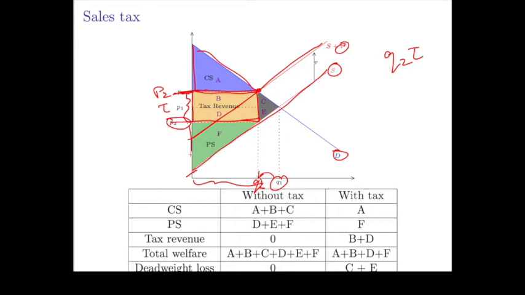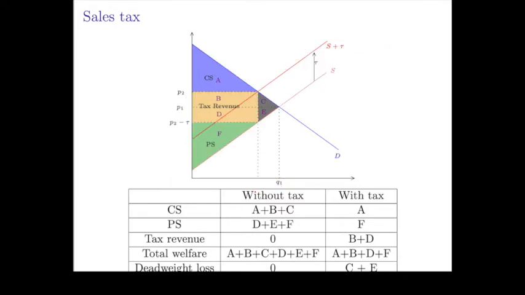So it's this area F. So we can fill in this last column with the consumer surplus of A, the producer surplus of F, and the tax revenue of B plus D, which is the area of that rectangle. So the total welfare is just A plus F plus B plus D.